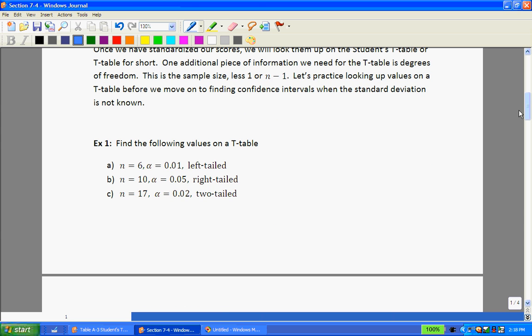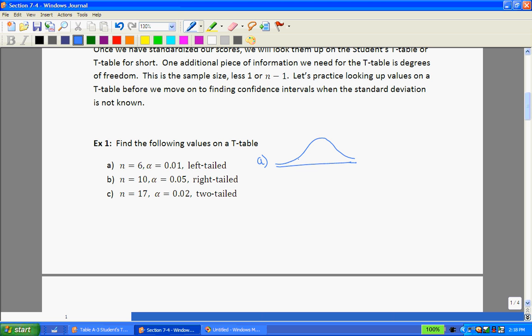So example 1. Find the following values on a t-table. Example A, n, the sample size, is 6, alpha is 0.01, and this is going to be left-tailed. Now, it's a good idea, just as we did with the standard normal, to go ahead and draw a picture.